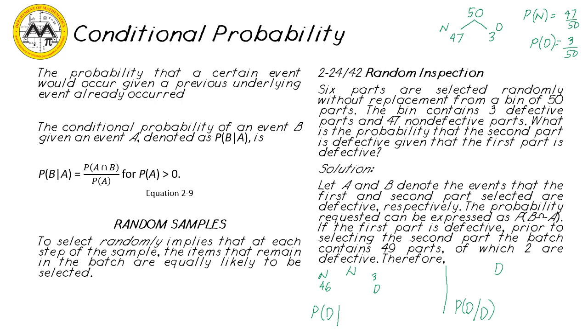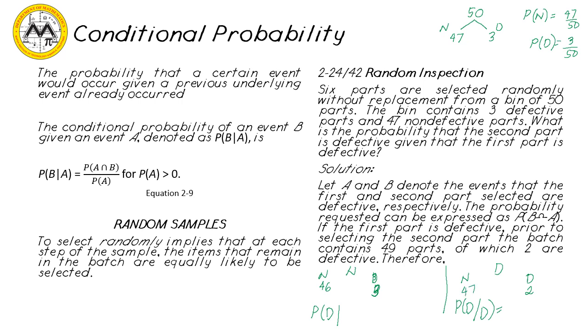So for the first one, the probability of defective given defective, if we know already that the item is defective, there are 2 remaining defectives left, and then still there are 47.